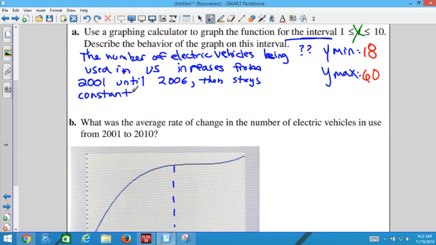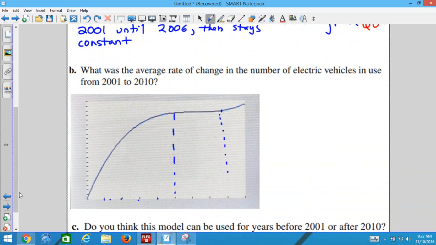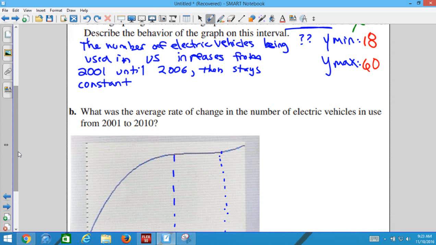Then it's going to stay constant. It increases a little bit, but it stays constant until about maybe around here. What, 2009? When it starts to increase again.